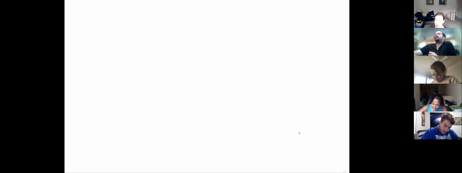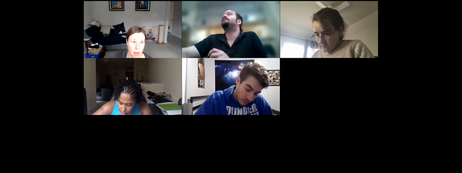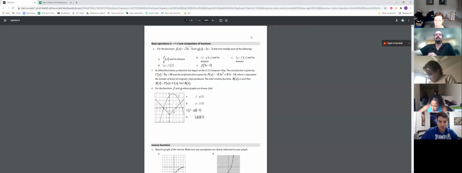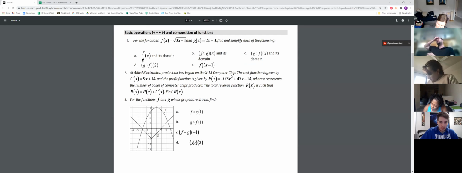I'm going to share my other screen for 8 so we can look at the graph. Let me zoom in a little too so we can really draw on it. So I'm going to rewrite it the way I was telling y'all. F of G of 1, inside first. So let's find G of 1. G is the V-looking curve. So it's this one. That's 1. So what's G of 1?